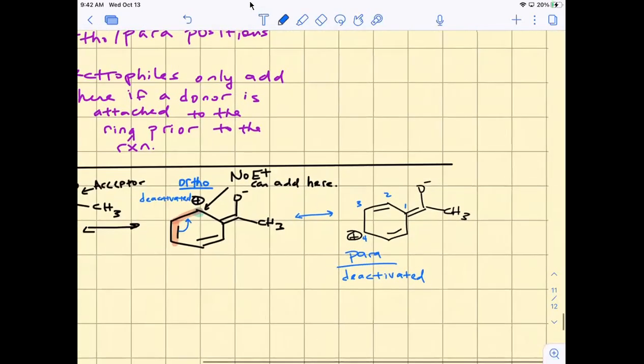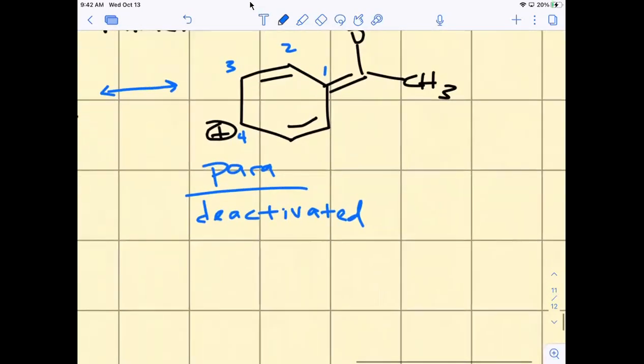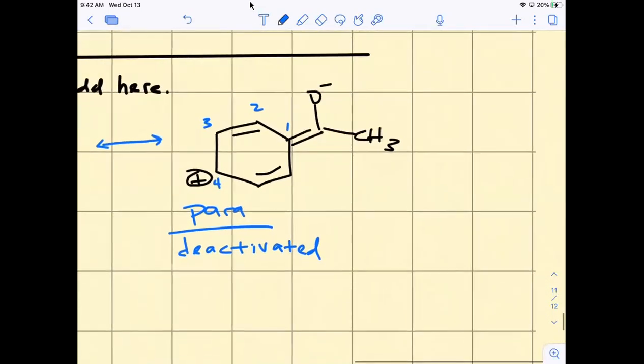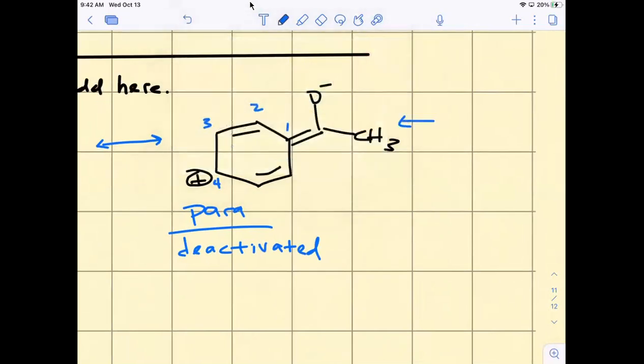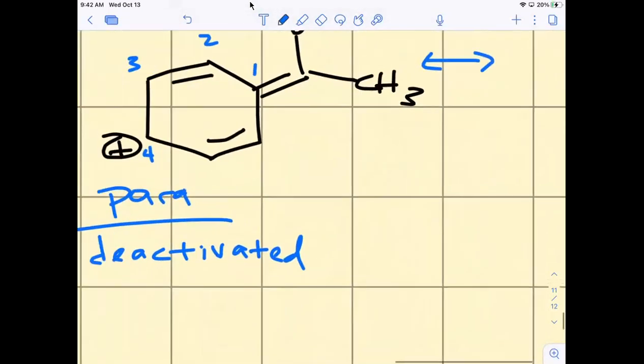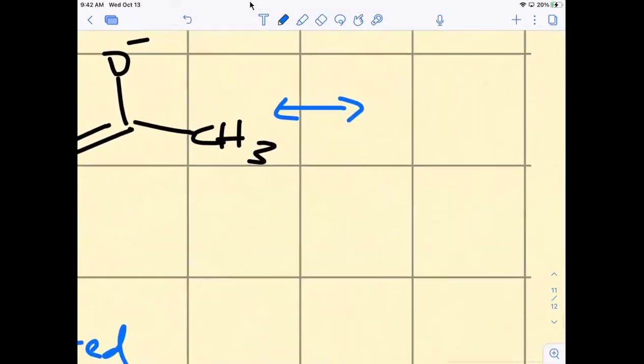And then if we did another resonance form where we take this pair of electrons and move them here, you'll see that the other ortho site is going to be deactivated. So now this is here.